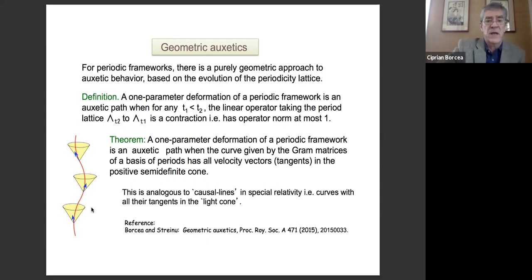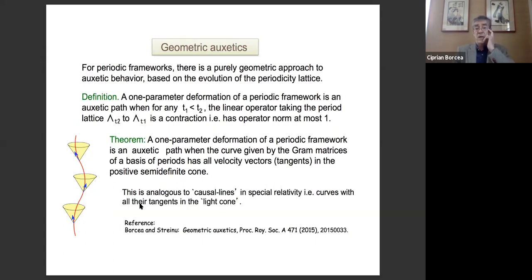And we have, exactly as in special relativity in 3 dimensions, the requirement that the tangent to the trajectory remains in the positive semi-definite cone. So this is actually, in dimension 2, the special relativity notion.